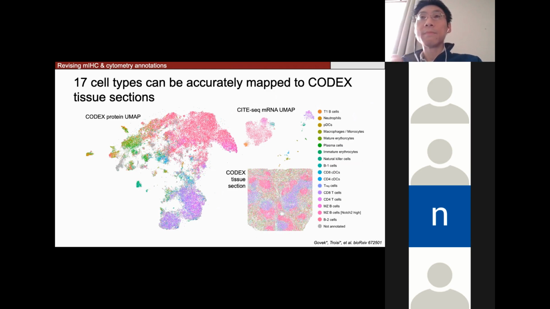You can see in this gray region there's an entire cell type that Codex can image because it images all cells in the tissue section, but CySeq can't because we did a manual dissociation of the cells. So we're missing a lot of the stroma cells that we would have picked up via Codex.